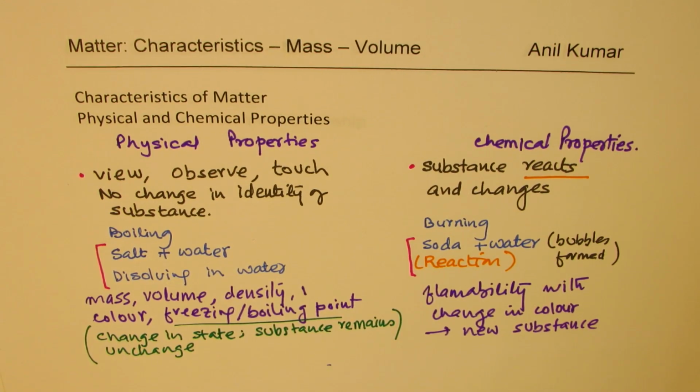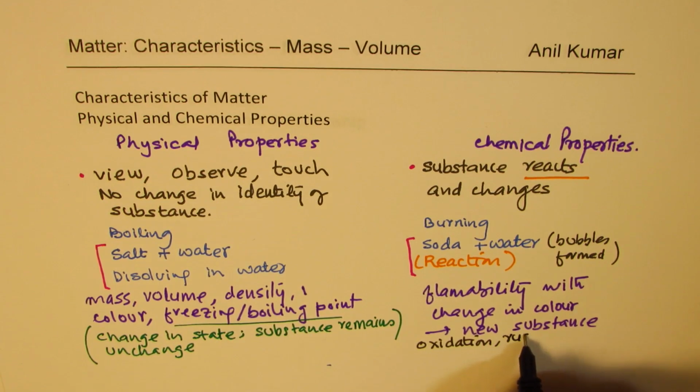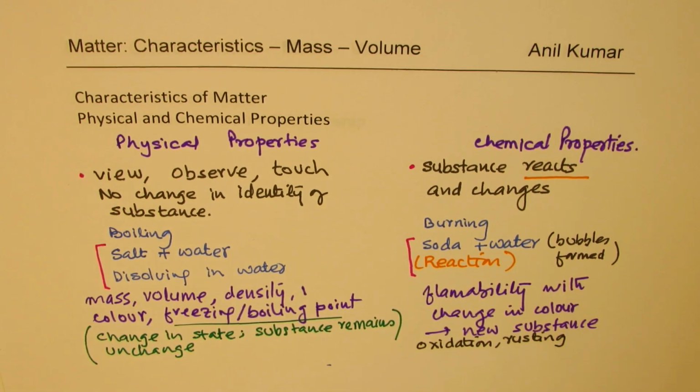Right? The other chemical properties which are very popular in your examples are oxidation, like rusting of iron. Now, change is brought about by yeast, for example. The matter changes, right? So fermentation.